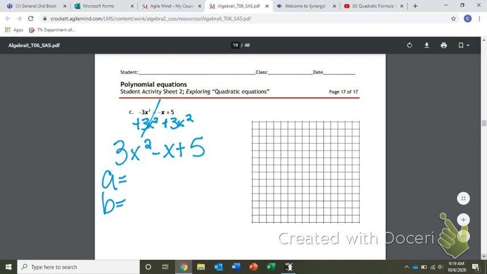A equals, B equals, and C equals. Okay? A term is 3, B term is -1, C term is 5. You are taking that information, you're plugging it into b squared minus 4ac. Okay? All right, so I'm going to stop right here.